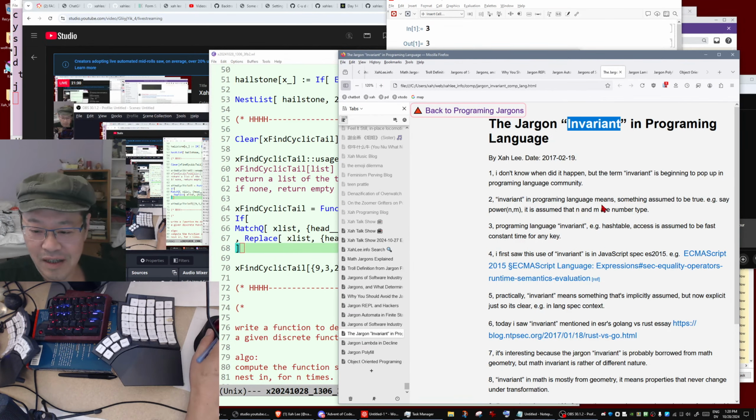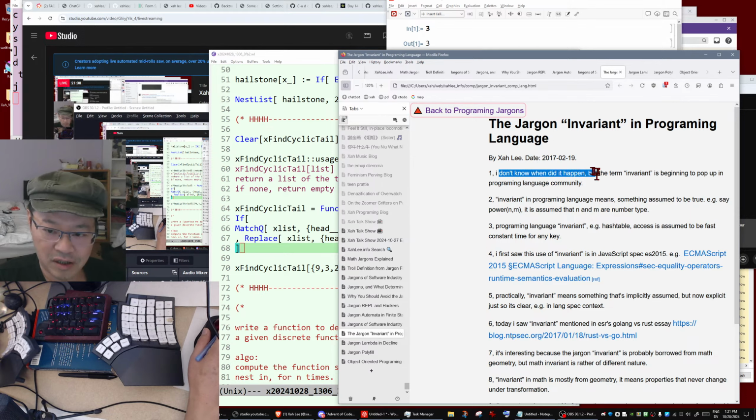I don't remember exactly what it is now, but let's read it. I don't know when it happened, but the term invariant is beginning to pop up in the programming language community. So I wrote this in 2017.